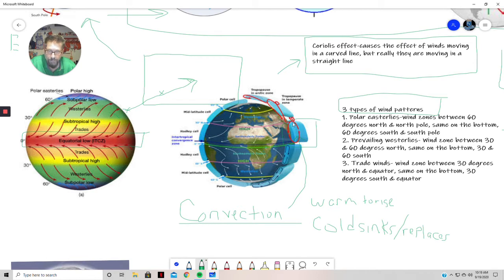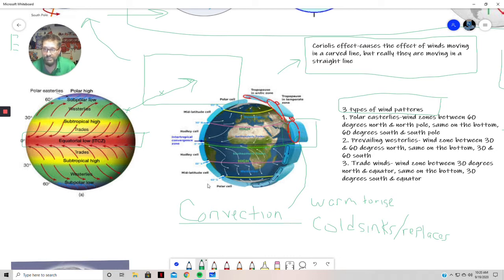But then the air itself cools and falls back down because now it's heavy again, and then moves into the equator. And that's why these lines here move towards the equator, because the warm air rises and then it falls and just makes this circle. And then you can see that right over here.